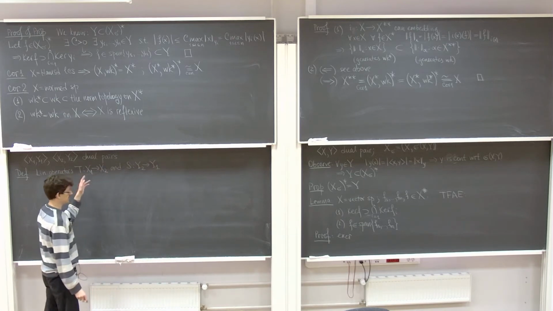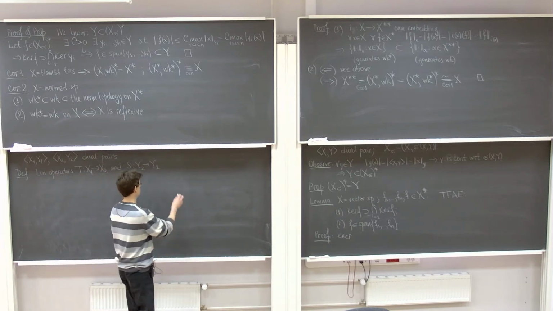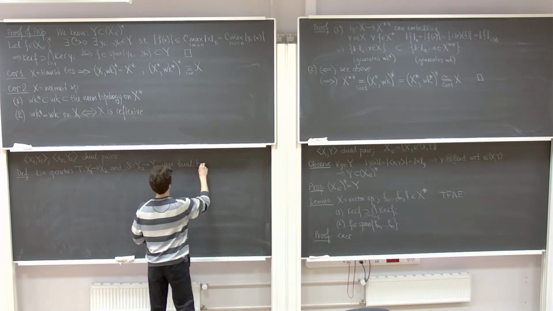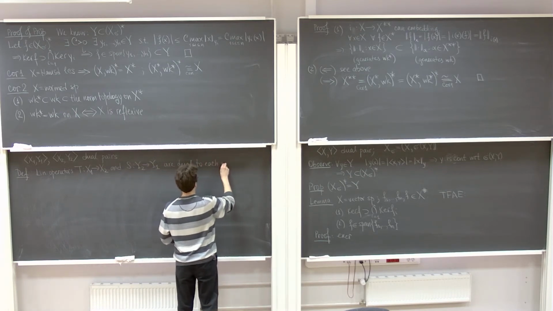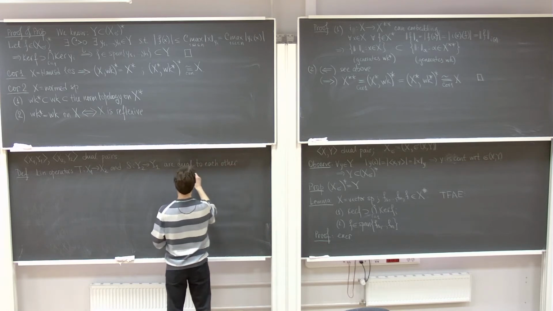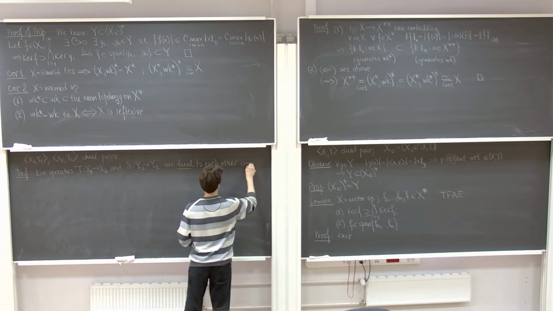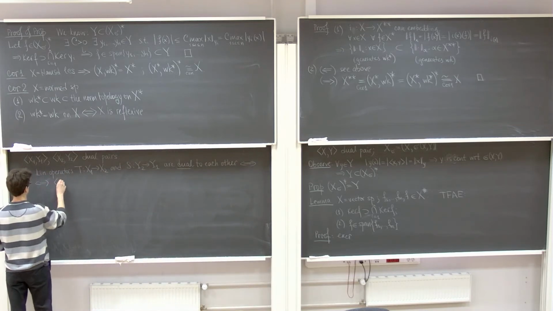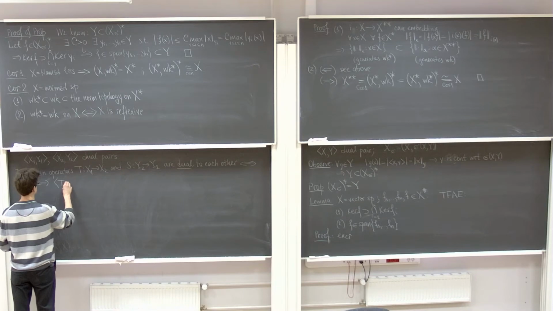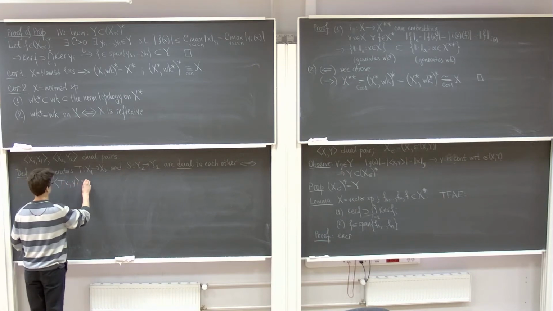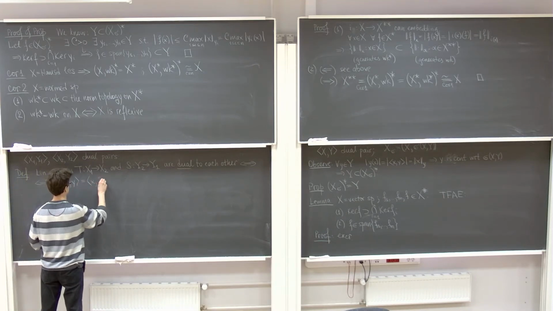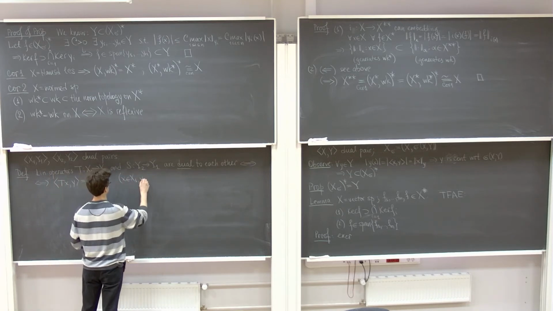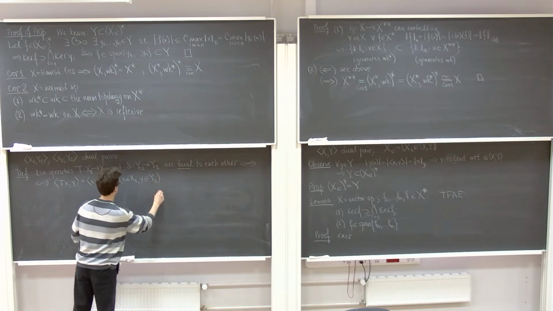We say that such operators are dual to each other if the following identity holds: the pairing of Tx and y equals the pairing of x and Sy, for all x in X1 and for all y in Y2.